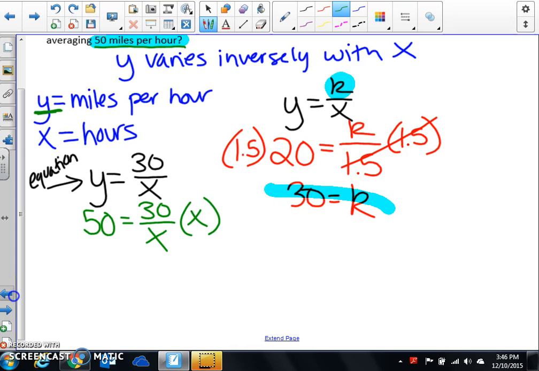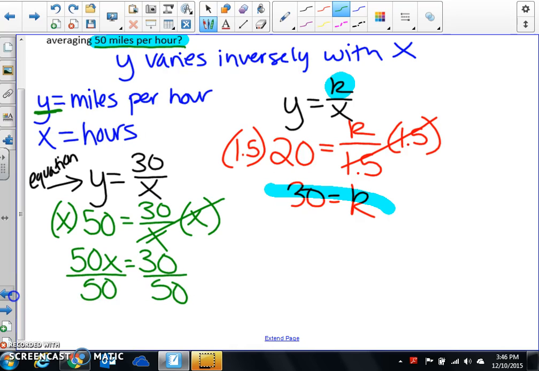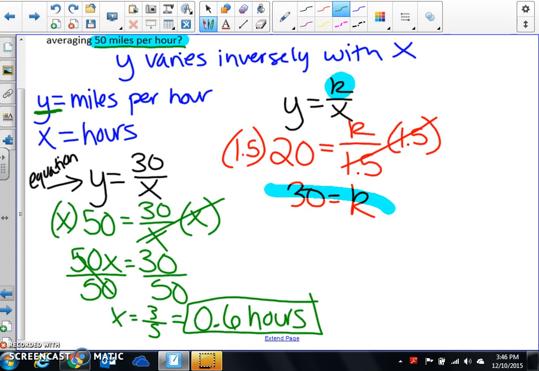So I need to get rid of the denominator first by multiplying both sides by x. 50 times x is 50x. And then I divide both sides by 50. So x is equal to 3/5, but that's not time. Fractions aren't time. So this I actually need to break down to be a decimal. 0.6 hours. And that's okay, right? Because in the original, they gave us 1.5 hours as 1.5. So 0.6 hours.